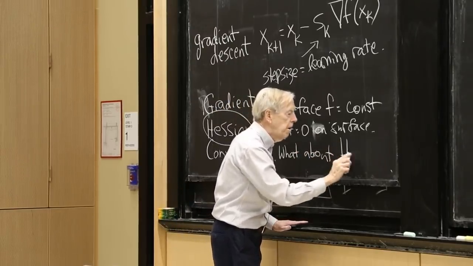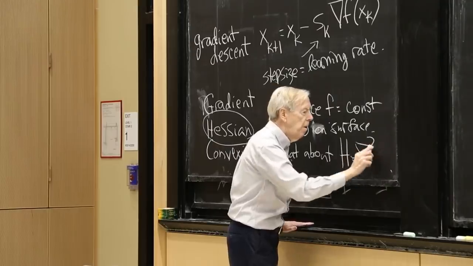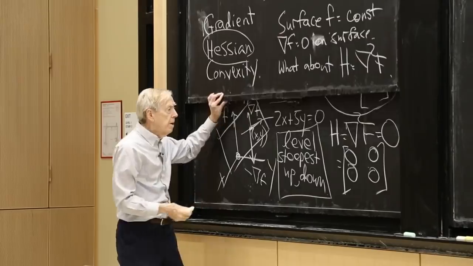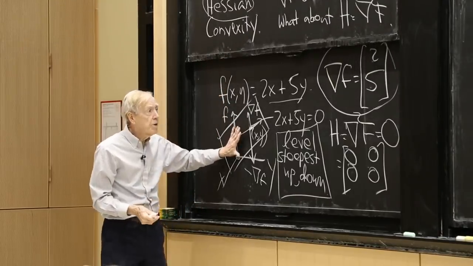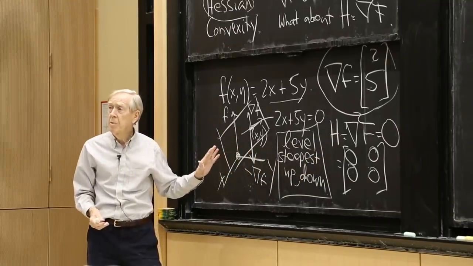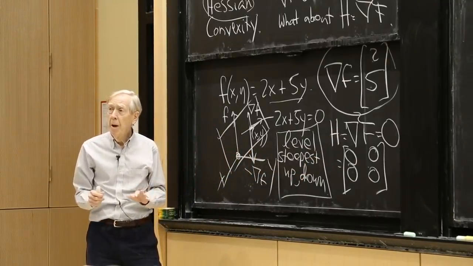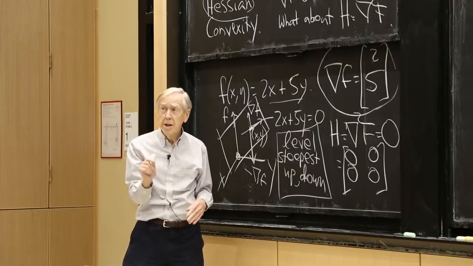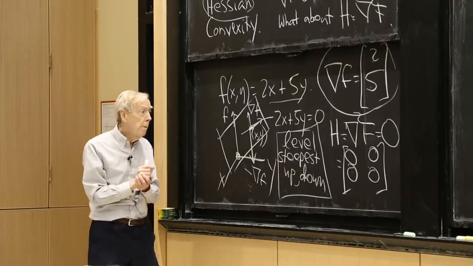the Hessian, the second derivative? What is that telling me about that surface in particular, when the Hessian is 0, or other surfaces? What does the Hessian tell me about? I'm thinking of the Hessian at a particular point.